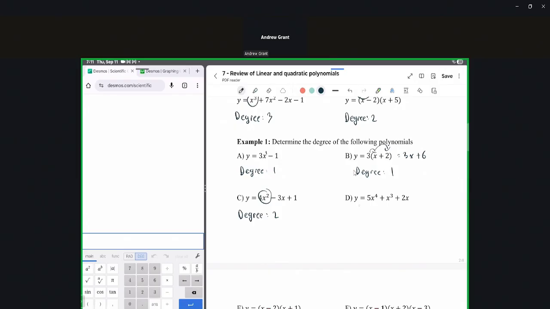Letter D, we have y is equal to 5x to the power of 4 plus x to the power of 3 plus 2x. So we can see the largest term here is this x to the power of 4, and so we would say that this is a degree 4. This has a name.